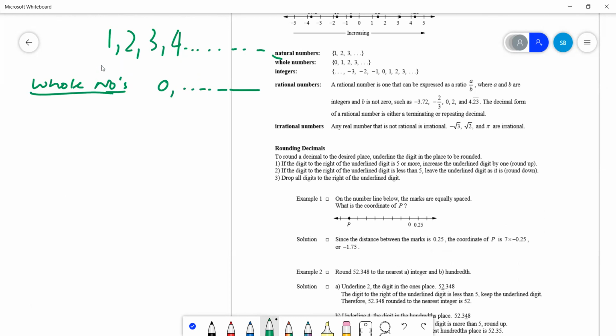So doesn't that mean all natural numbers are whole numbers? Yes. So I will say one statement, tell me whether it's true or false. All whole numbers are natural numbers. True. Why? Because whole numbers include natural numbers, right? Yeah, but listen to me. All whole numbers are natural numbers.